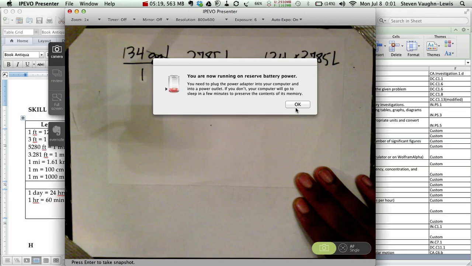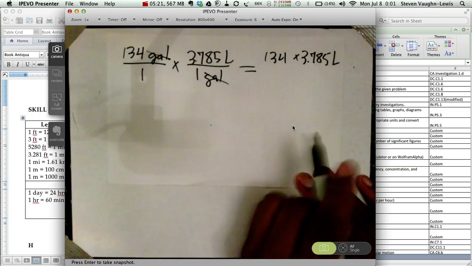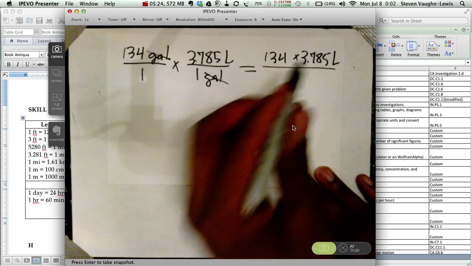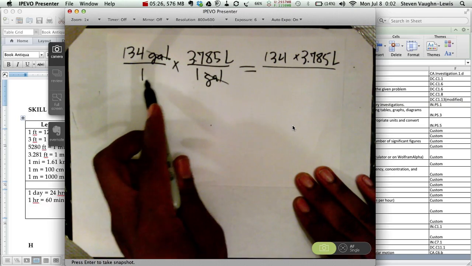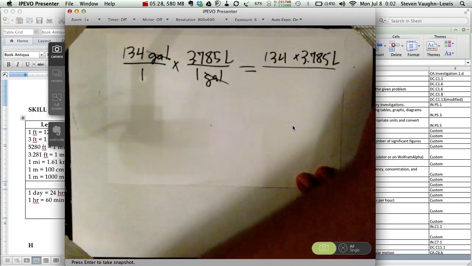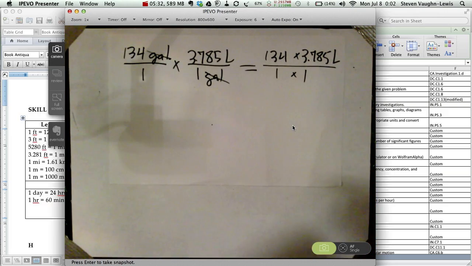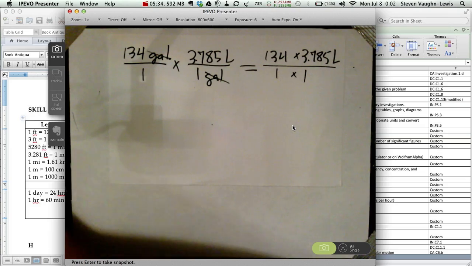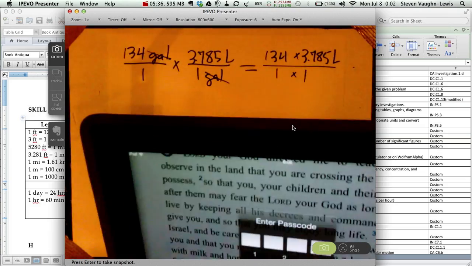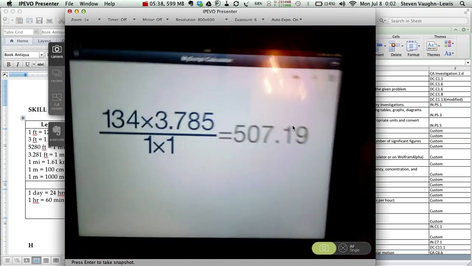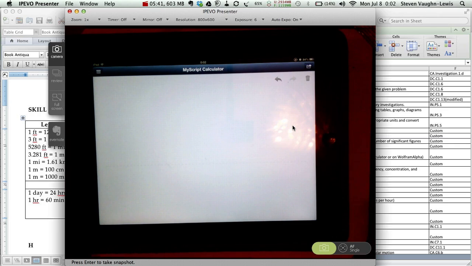Uh-oh, battery's running low. Okay. Then I multiply across the bottom, 1 times 1. And then I can just put that into my calculator, which will let me solve the problem.